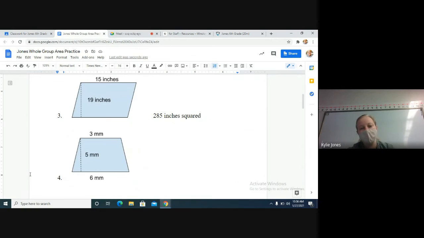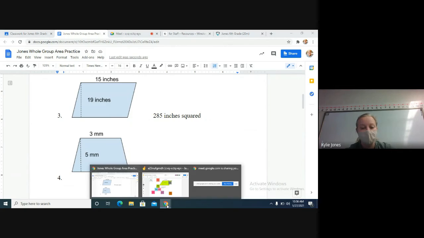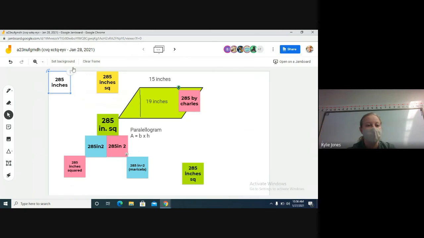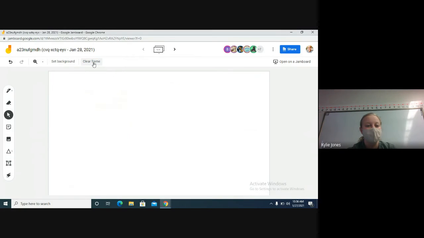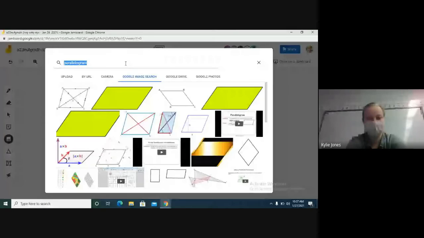Okay, while you guys are writing down the answer, 285 inches squared, I'm going to go find a trapezoid for our thing. I'm trying to erase all. Nope.